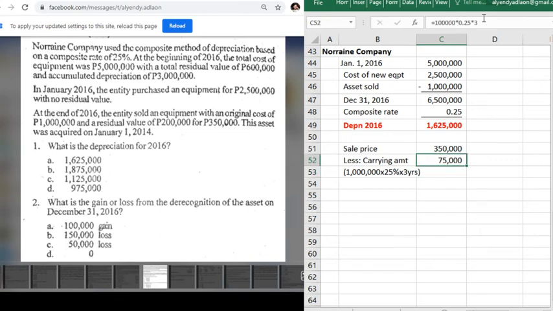So 75,000 is our accumulated depreciation. But we still have to deduct this from the cost. Cost of 1 million minus the accumulated depreciation of 75,000. Then we have a carrying amount of 925,000.